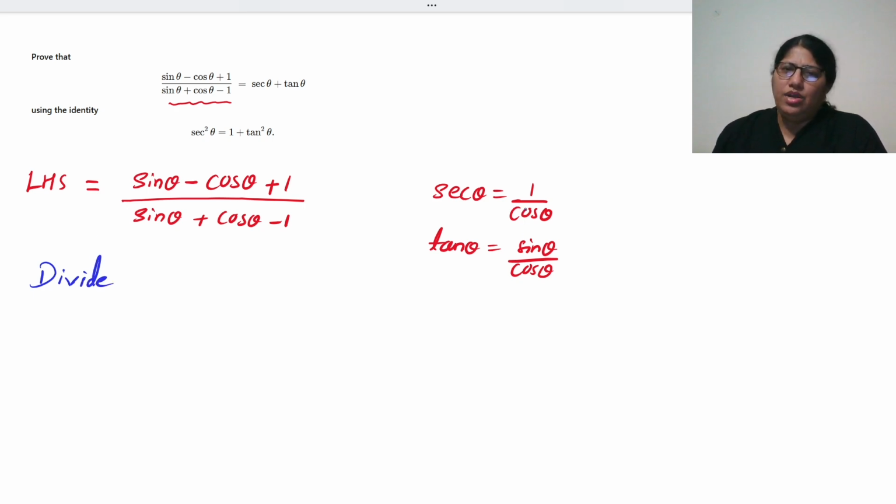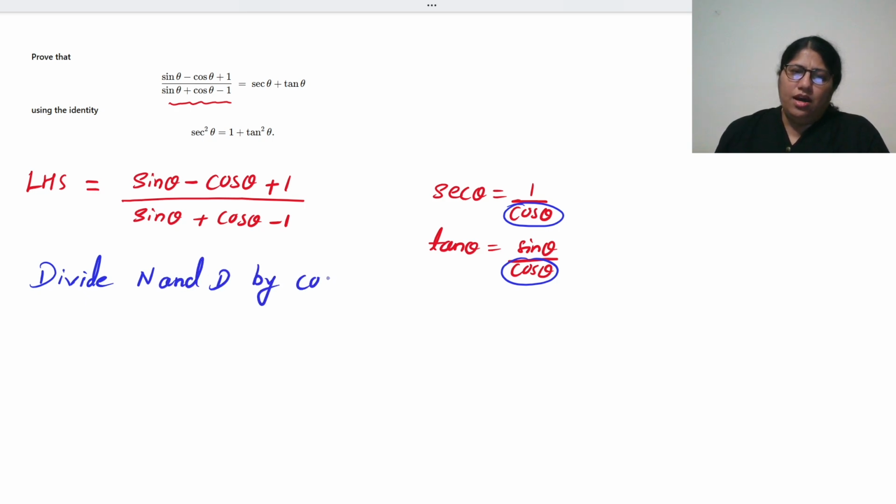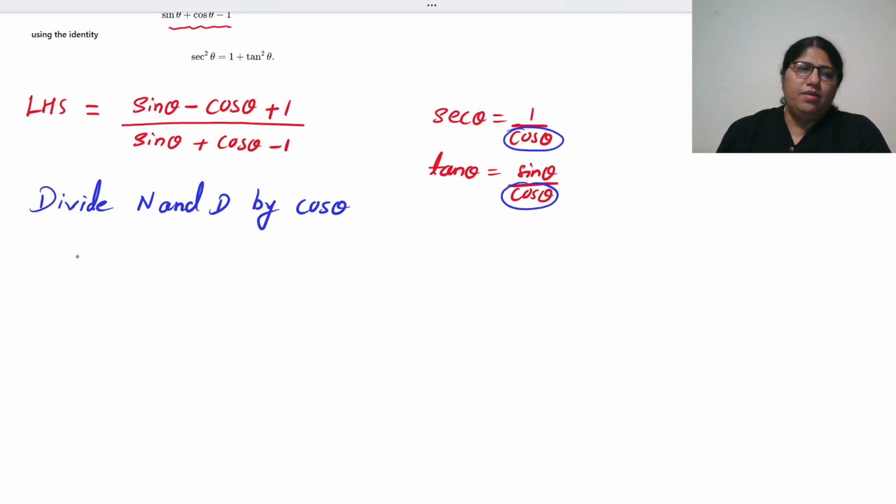Remember this, you need the denominator cos theta to get sec, right? So divide numerator and denominator by cos theta to get sec theta and tan theta. Now each term will be divided by this value, right? The first term in the numerator will be divided by cos theta, the second term, cos theta, will also be divided by cos theta, and the third term also will be divided by cos theta.